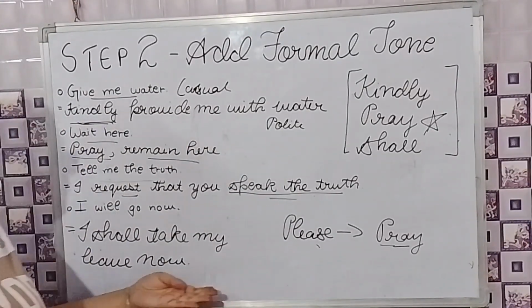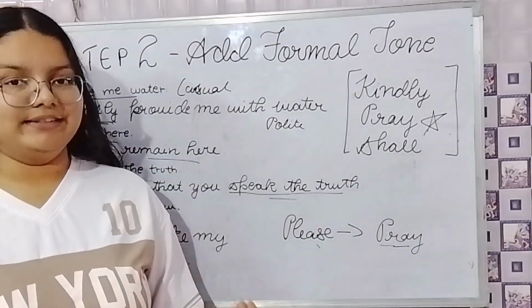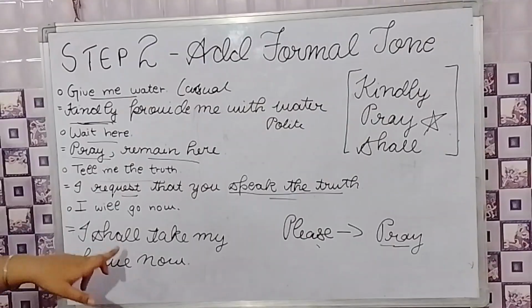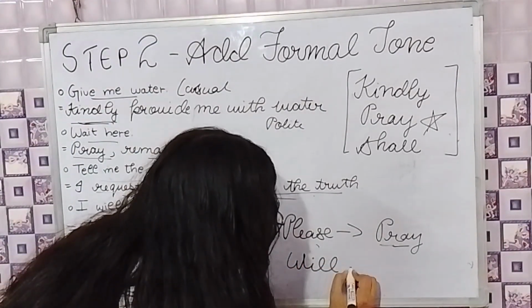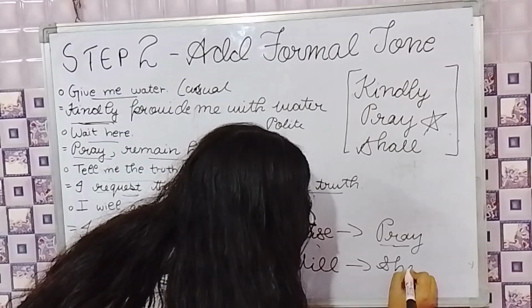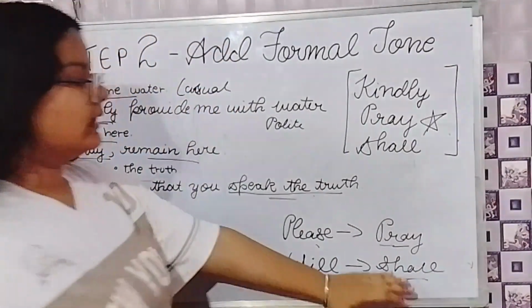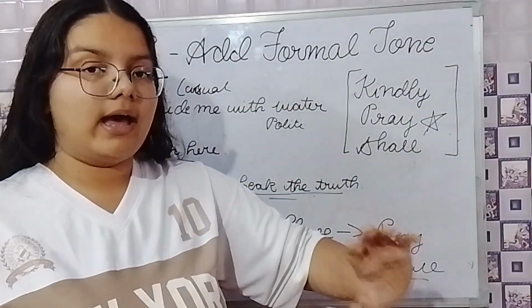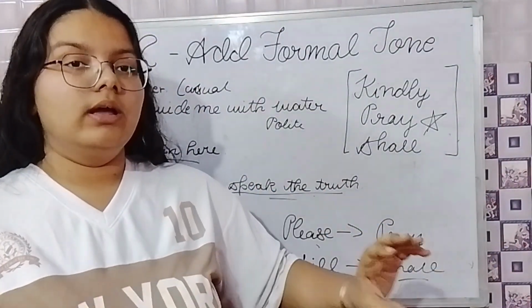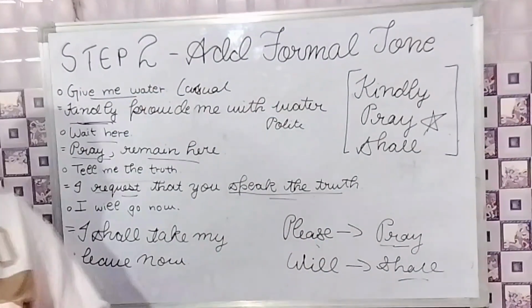As you can see, we transformed it from a rough sentence to a refined sentence. Will changes into shall again. These are the words that I use to make you sound more refined, more polite, to make you sound that you belong to a particular class.